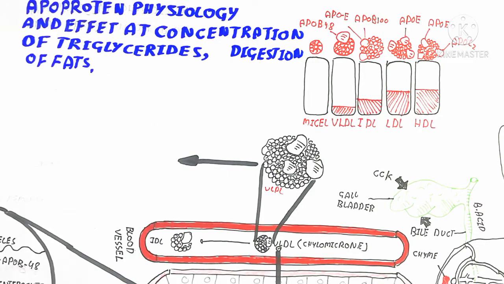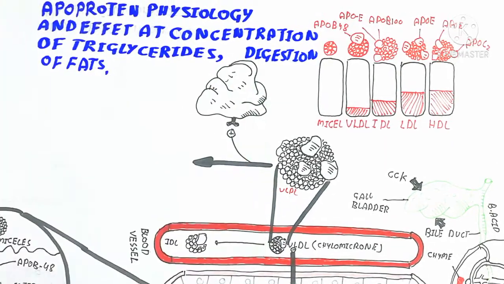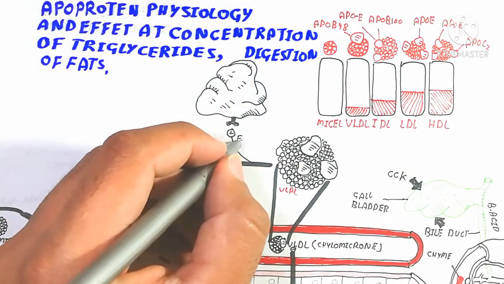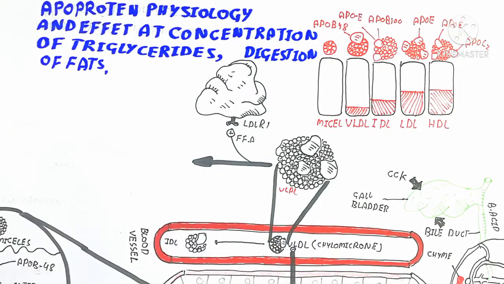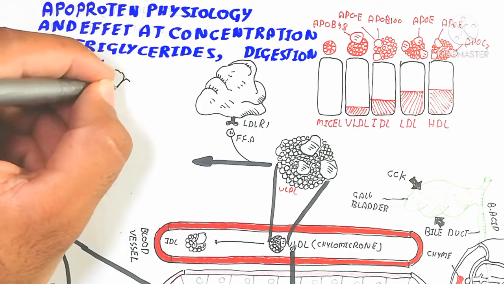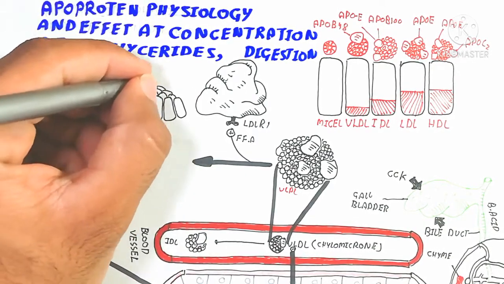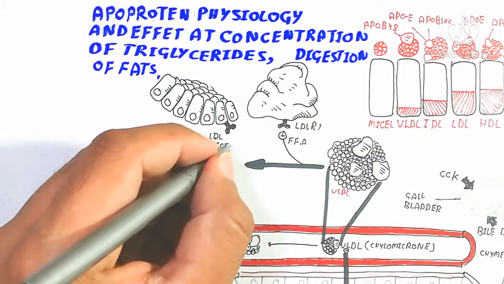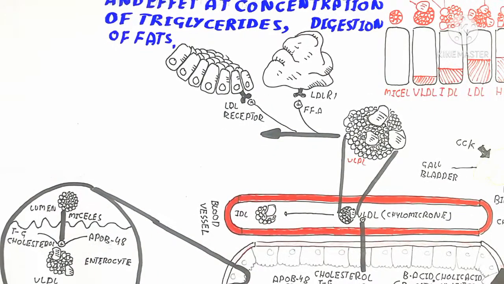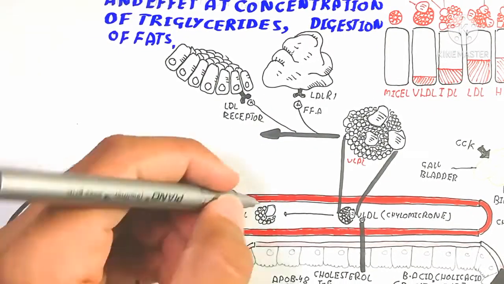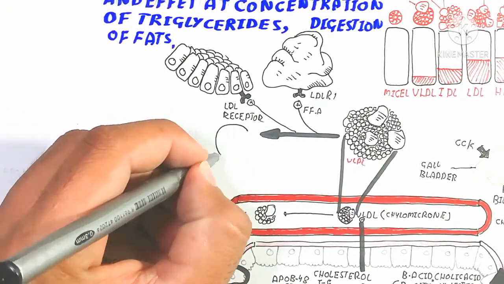This very low density lipoprotein gives fatty acid and triglyceride to the adipose tissue through the receptor known as low density lipoprotein receptor 1, which binds the ApoE site. The very low density lipoprotein contains ApoB, which is used for this.